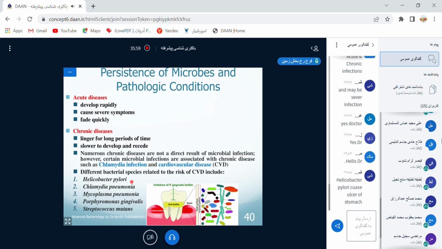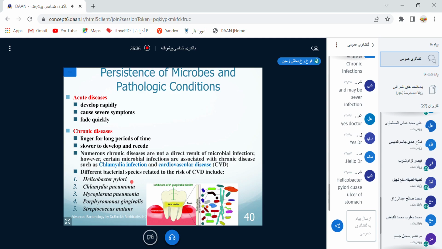One example of CVD is Helicobacter pylori, which is present in the stomach. You know, the stomach contains acid, and the only microbe which can survive the acidic situation of the stomach is Helicobacter pylori. In many people, Helicobacter pylori is present without producing any signs and symptoms, and those people don't have any problem.